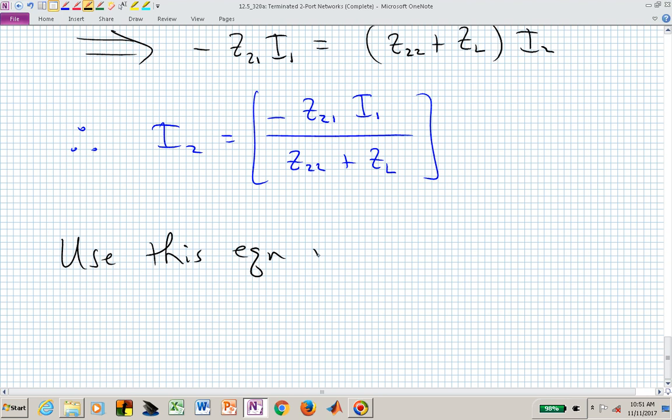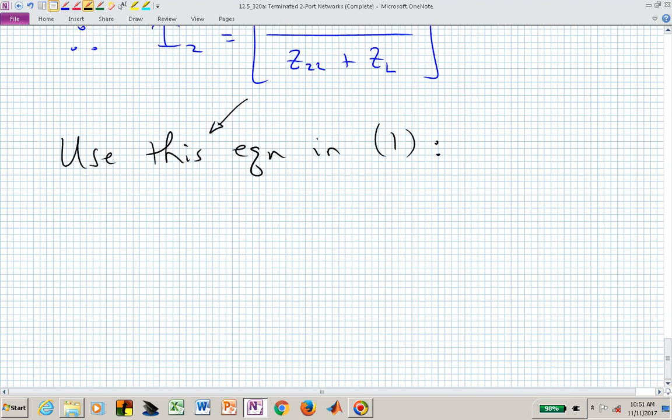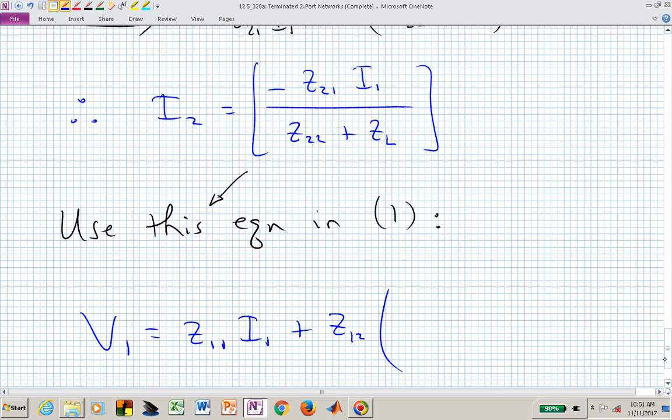Doing that, we can rewrite equation 1 as V1 is equal to Z11 I1 plus Z12 times what we just had for I sub 2, minus Z21 over Z22 plus Z sub L times I sub 1.